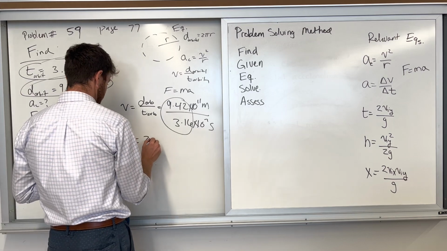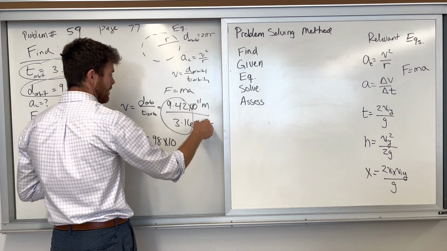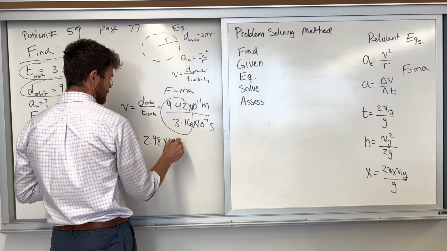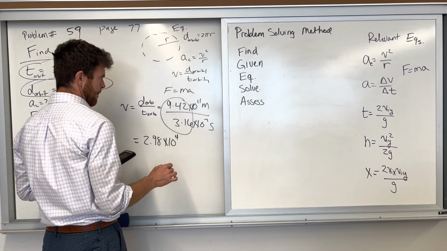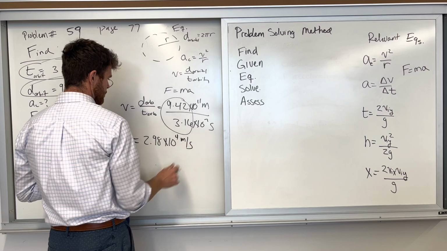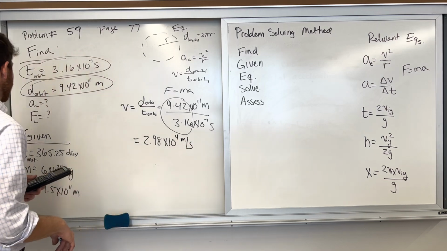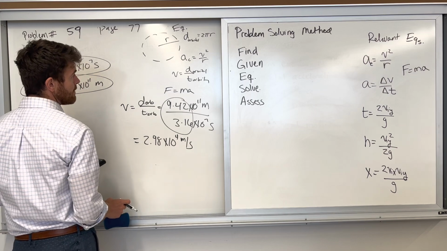I get 2.98 times 10 to the 11 minus 7, which is 4, so 10 to the 4 meters per second. Alright, that is our orbital speed. That's how fast it's traveling on average.